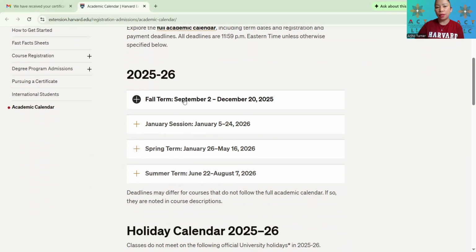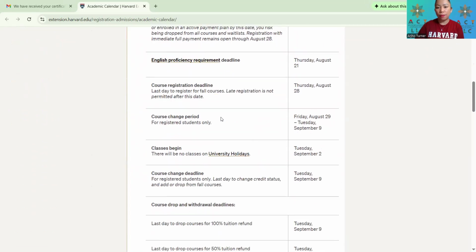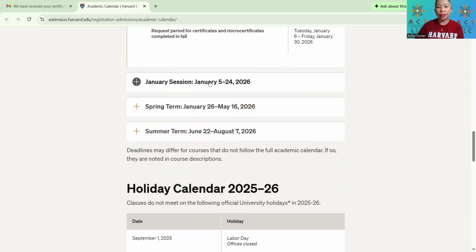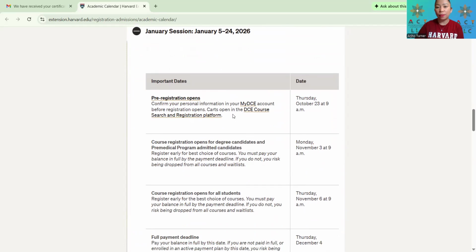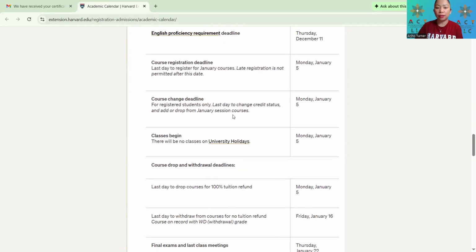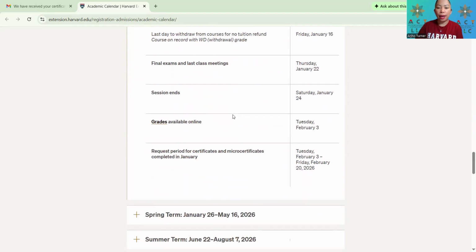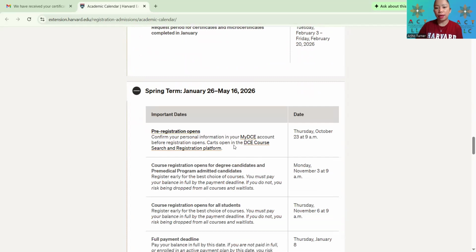But just to give you an idea, for fall, I've taken fall. These are the things that you have to do, all of the specific deadlines. If you wanted to do a January session, which is very intensive, back-to-back na mga classes, that's already started this week. And spring, the application is still going on.